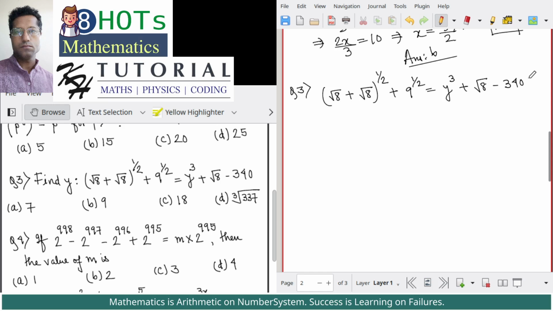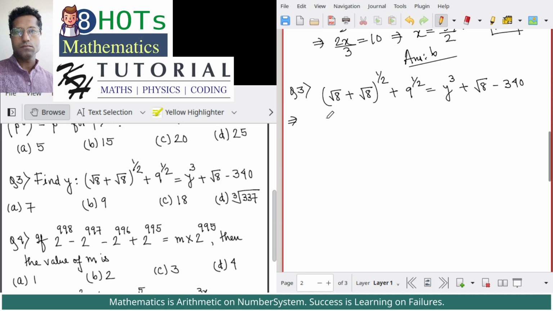Always do it systematically. Now, what do we have? Y cube. Let's see, I will go by the very basics. Root 8 plus root 8 is twice root 8.